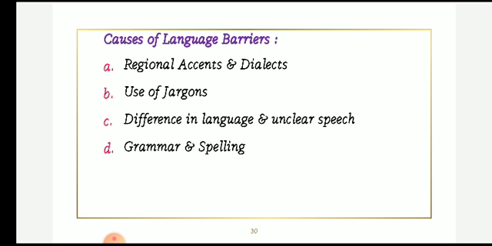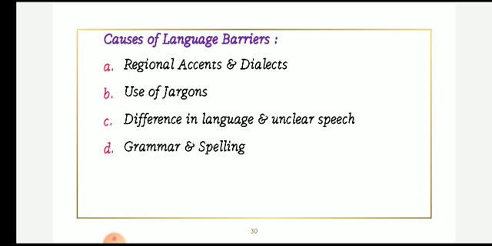If they start talking with one another, both of them will not get the exact meaning, even if they are using the same language, because of the jargons, the technical words used in their specific professions. So there will be a sort of barrier in the process of communication.